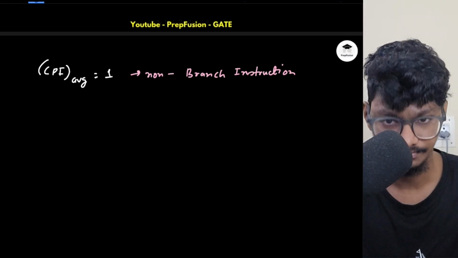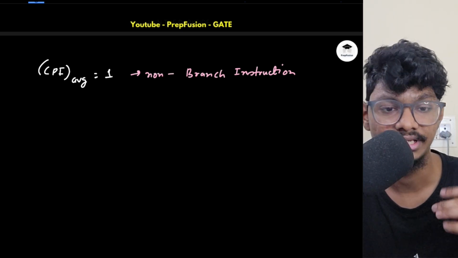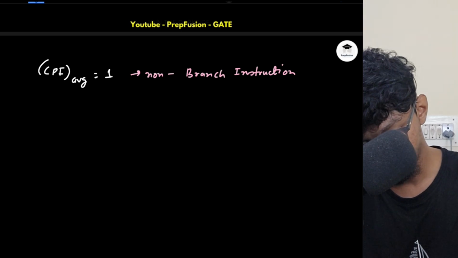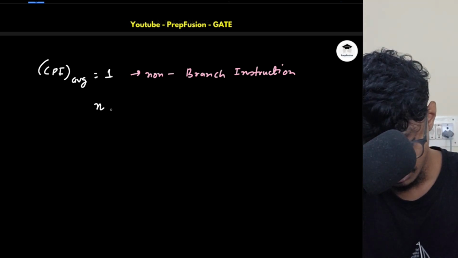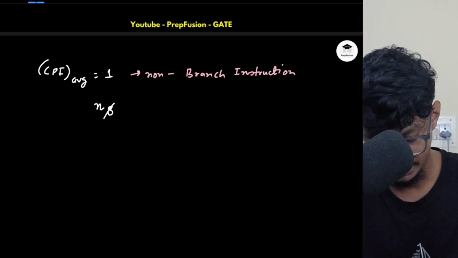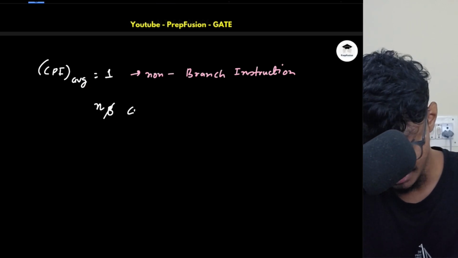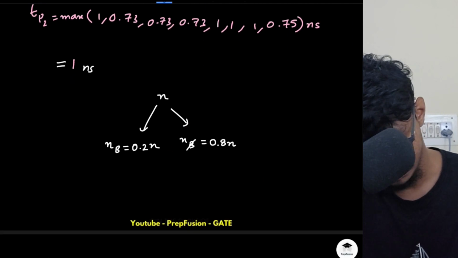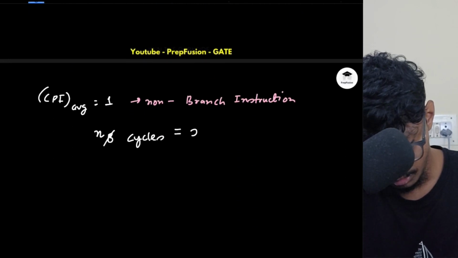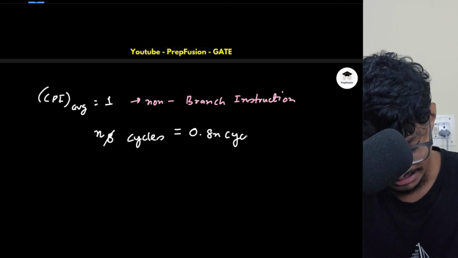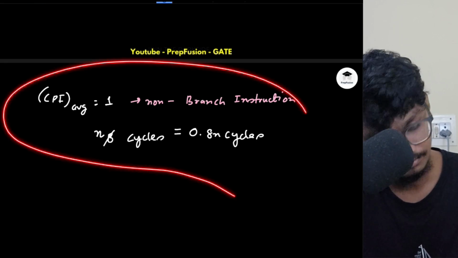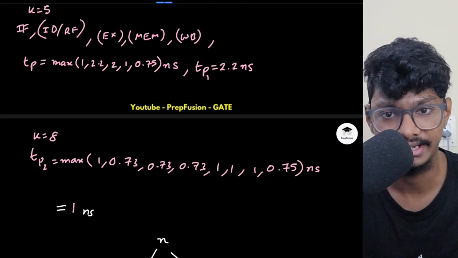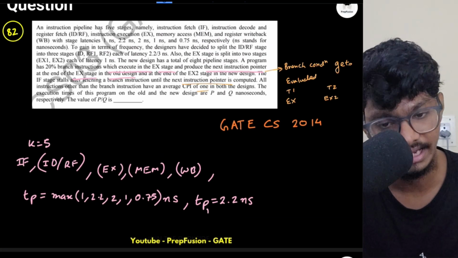So if I have n non-branch instructions, they will take n cycles. With NB non-branch instructions, they will take NB cycles, and NB equals 0.8n. So it will take 0.8n cycles to evaluate those non-branch instructions.